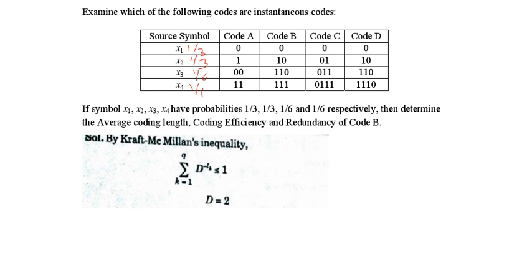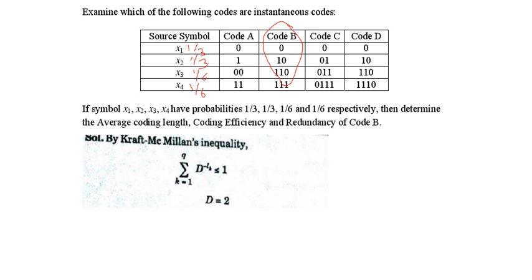Now we have to check which code satisfies the prefix condition, that means which code can be used as a VLC, and at last we have to determine the average code length, coding efficiency, and redundancy of code B. For this code B, we have to check all parameters: efficiency, average code word length, and redundancy.